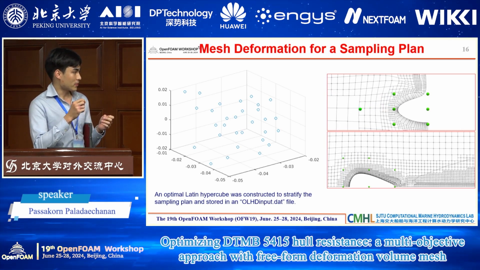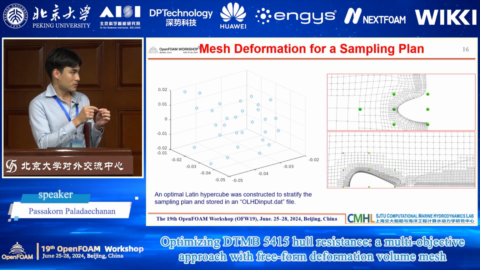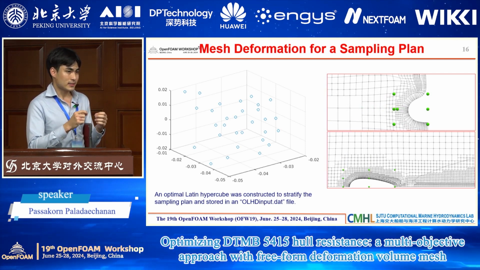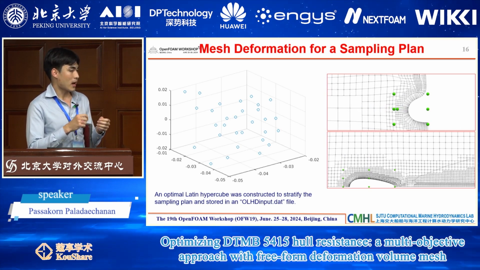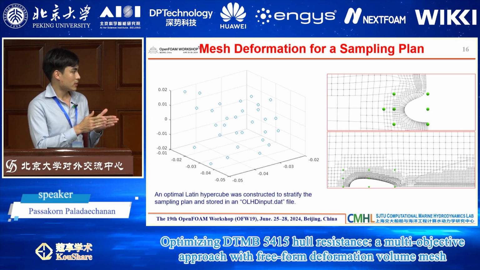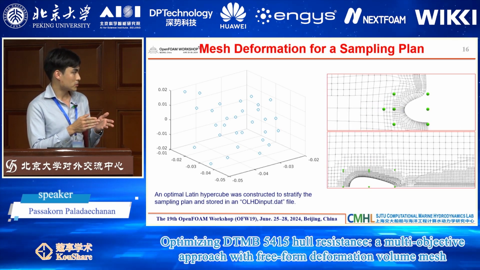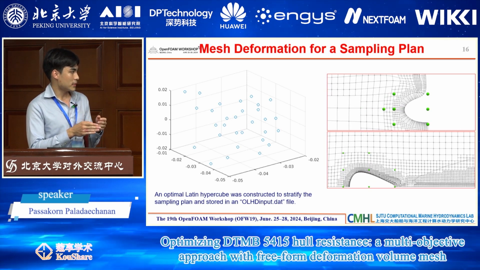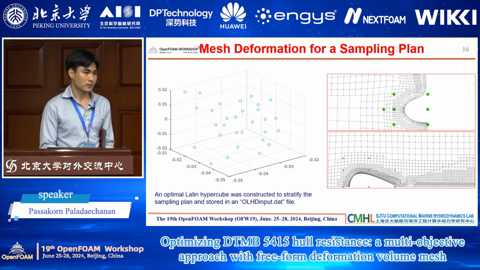That will create the mesh to be too sharp, and that will lead to a big problem. But in this study, we constrain the deformation to only 0.02, so there is no problem in this study. Thank you very much. You're welcome.